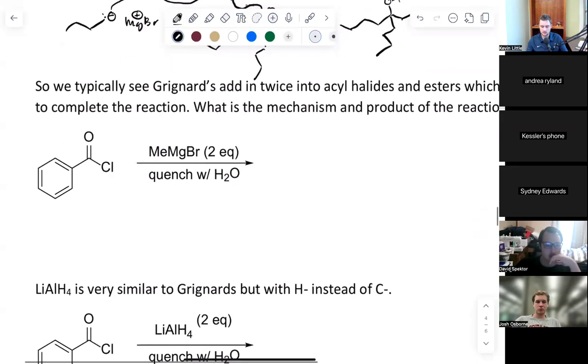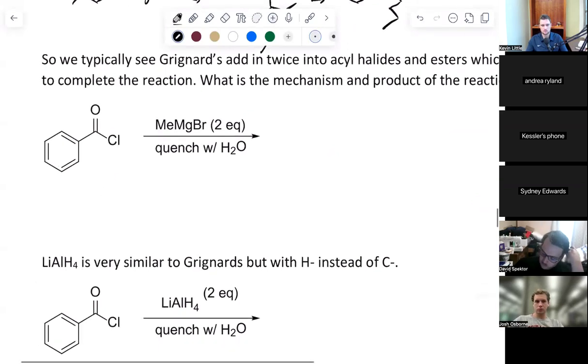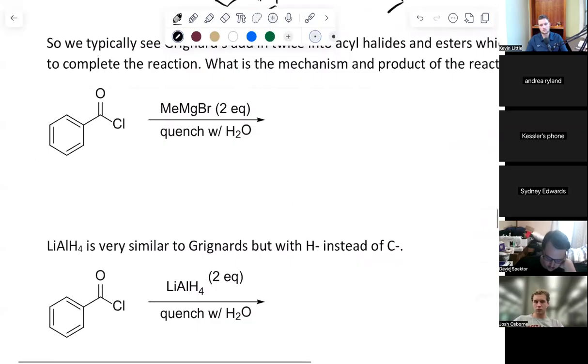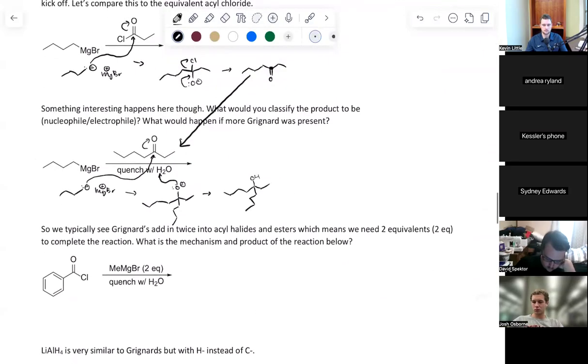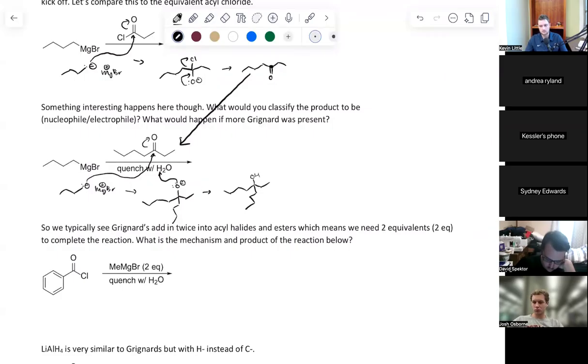So you'll see it written like this. What is the product here? Here, let me zoom out so you guys can see. What is the mechanism? How does this happen? Why does this happen?